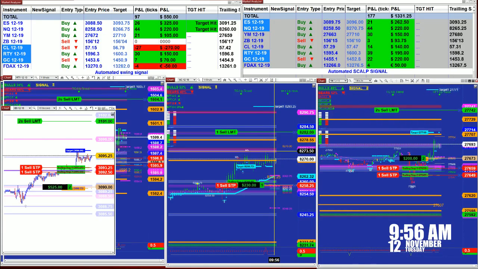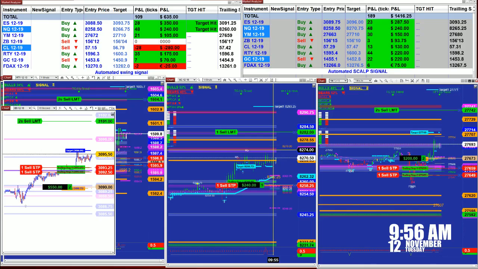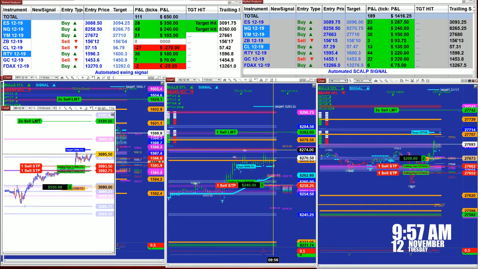Anything above 82.74 will be a struggling area, and you need to be careful with that. I'm not expecting this market to keep going. It will have a problem at 82.74.